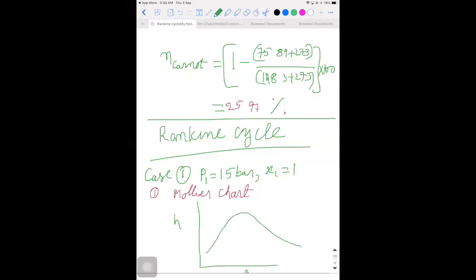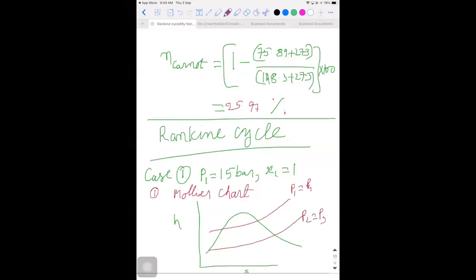Here we will be having two pressures. One is boiler pressure, a constant pressure, and the other is condenser pressure. P1 is equal to P4, this is called boiler pressure, and P2 is equal to P3, this is the condenser pressure.